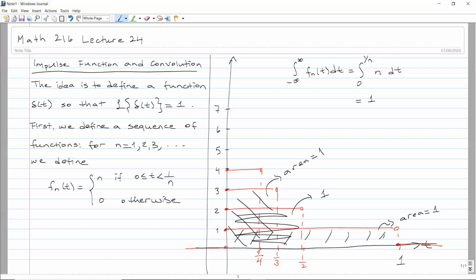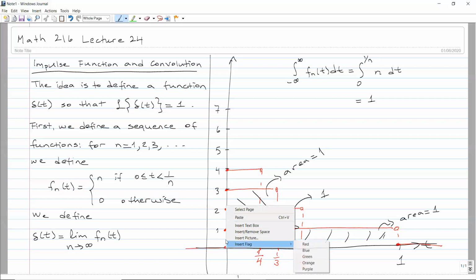So we define our function delta of t to be the limit as n goes to infinity of f sub n. Since the interval is getting smaller and smaller and getting close to 0, delta is like at 0, taking a value which goes to infinity as n goes to infinity, but it is only at 0.